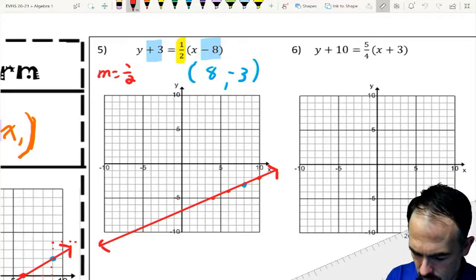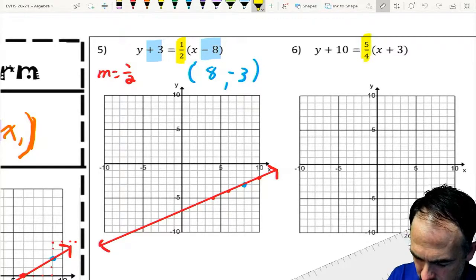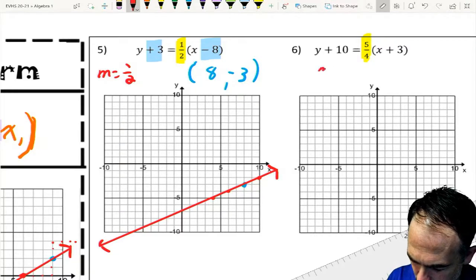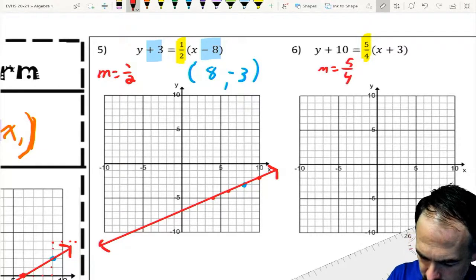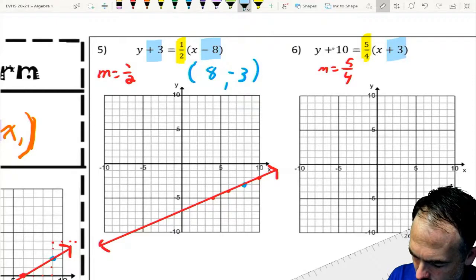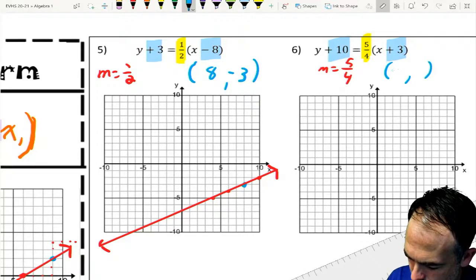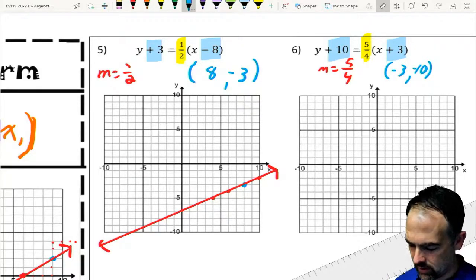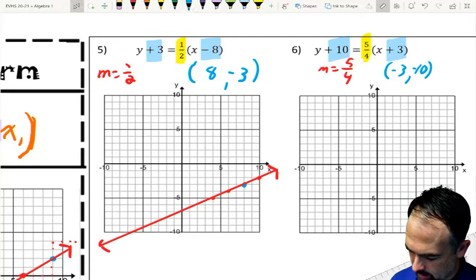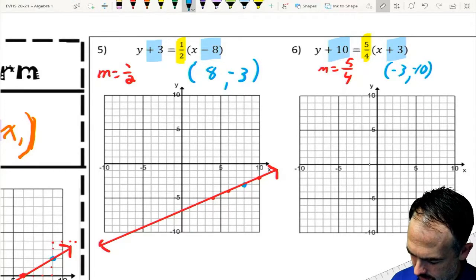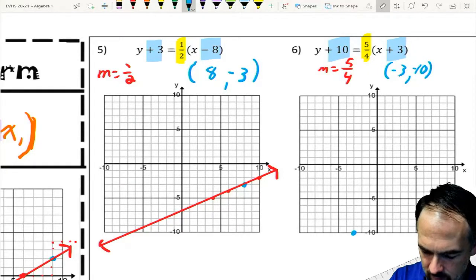Okay, moving right along, we're going to look at this one. Our slope here is 5/4, and that's a positive 5/4. Our points are going to come from the 3 and the 10. And again, we're going to switch those, put the x first and the y second, so those both end up negative. And now if I jump to -1, 2, 3, -10, I end up right here.